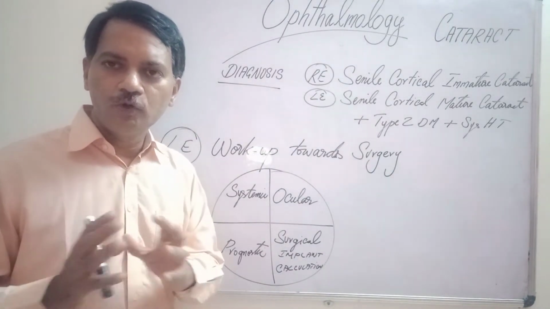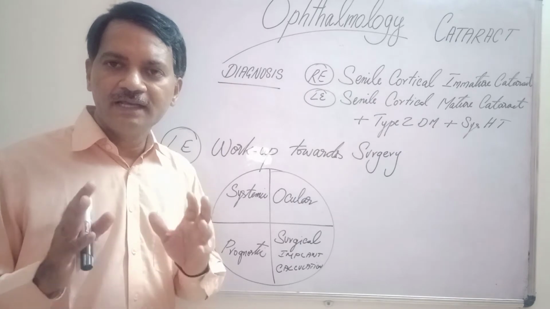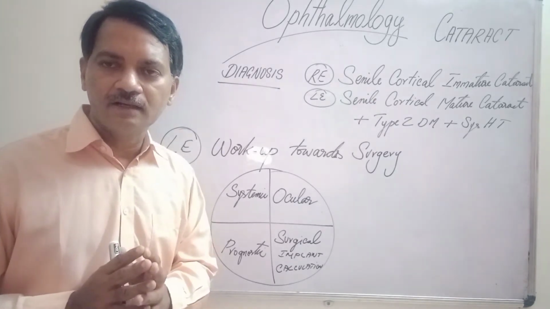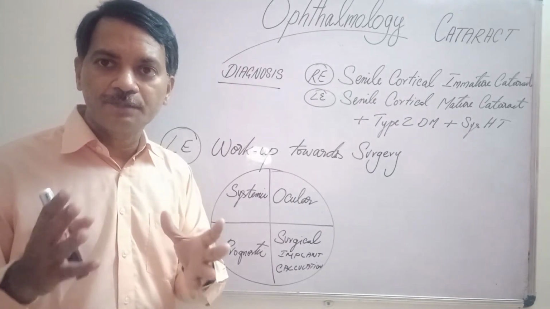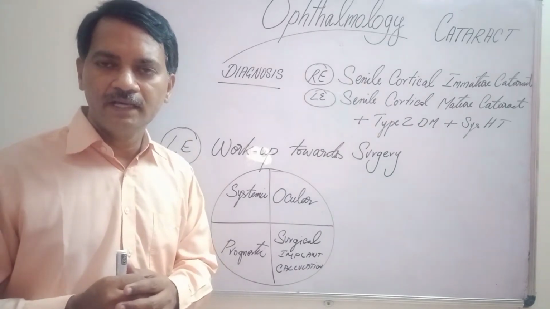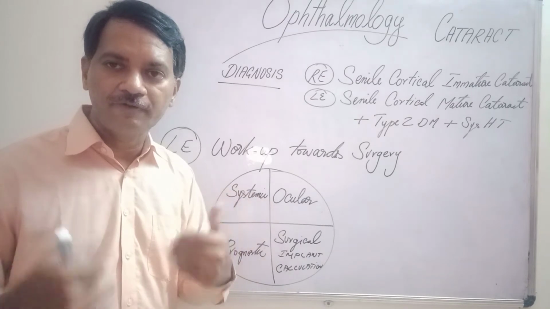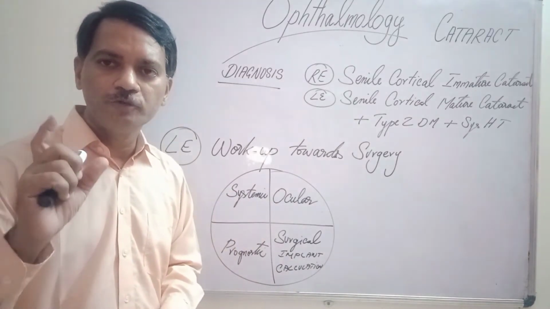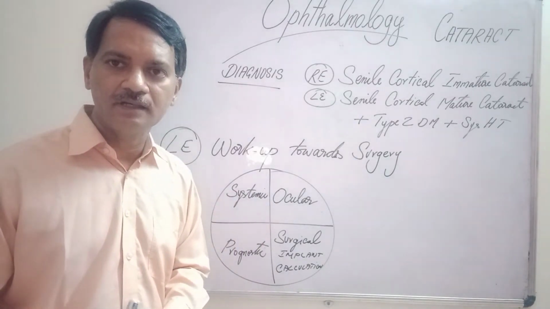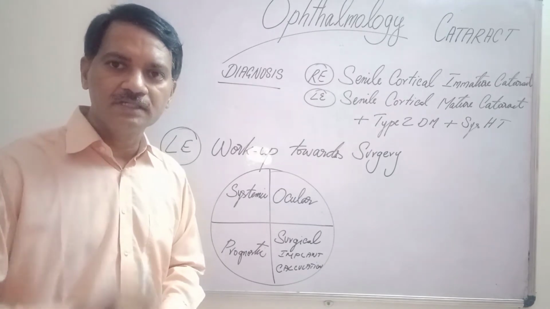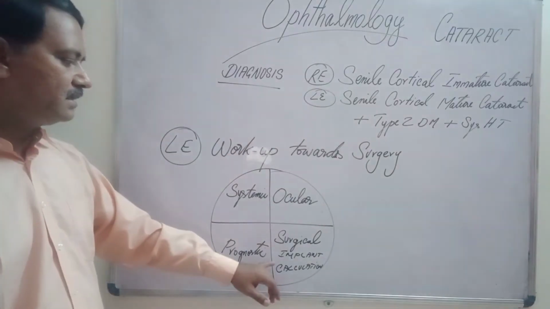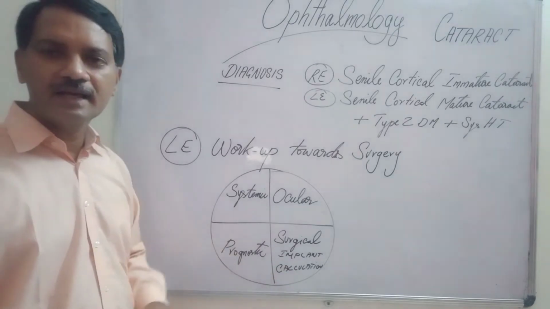For any surgery you do, the patient will definitely ask you whether the surgery will be 100% successful, and whether after the surgery they will get back all the functions. So, you should be able to tell the patient what the outcome of the surgery will be. The next is surgical implant calculation.